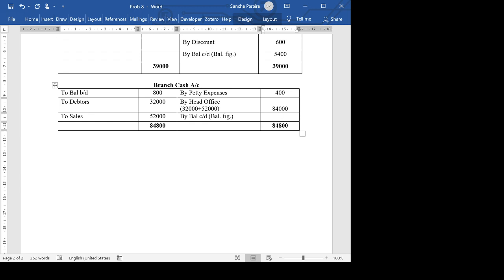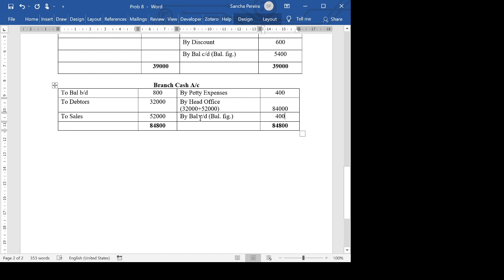So basically our cash balance is only 400. Always remember that if the cash is sent back to the head office, you have to also show it this side. Otherwise, you will remain with a huge balance of cash, like how we had 84,400.